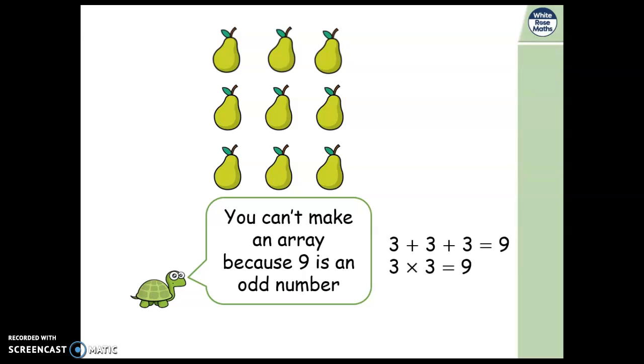Really important, because then you automatically know, for example, when there's a missing number, or when we are splitting these arrays into groups, you know that if we had 9, because 3 times 3 equals 9, then I can put them into 3 groups of 3. Or if I had 10, I should straight away know that I can put them into 2 groups of 5, because 2 times 5 equals 10.